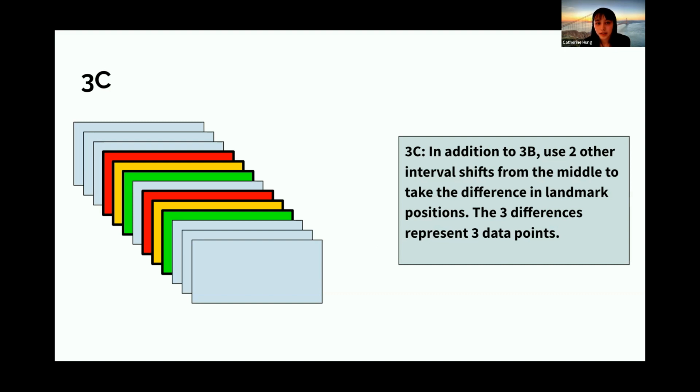In addition to the previous method, I took 2 other interval shifts, such as 20 frames before the middle frame of the video and 15 frames after, and I found the difference between the pose landmark coordinates of those. And so for each video, there would be 3 data points.